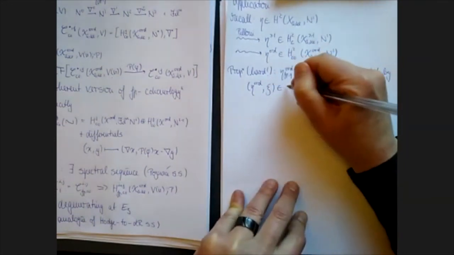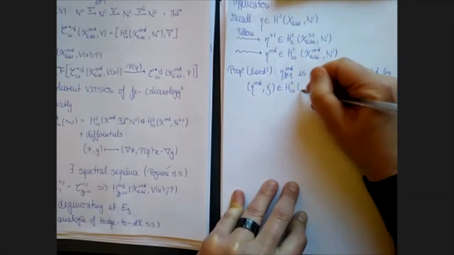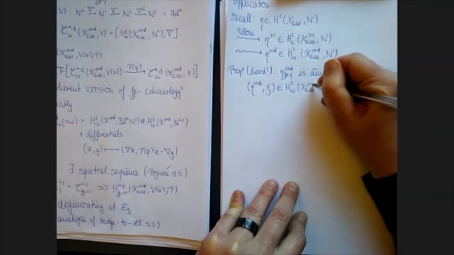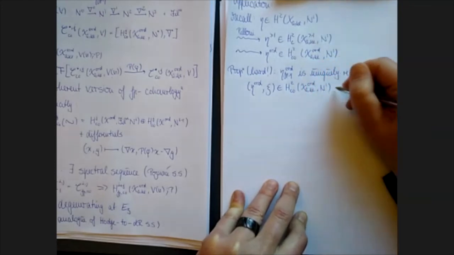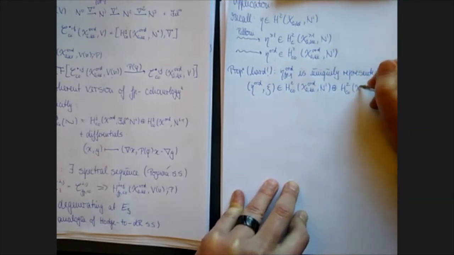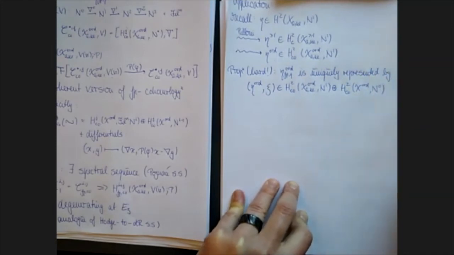The first one lives, as I wrote, in the H2 C0, and the second lives in the H2 with values in N0.